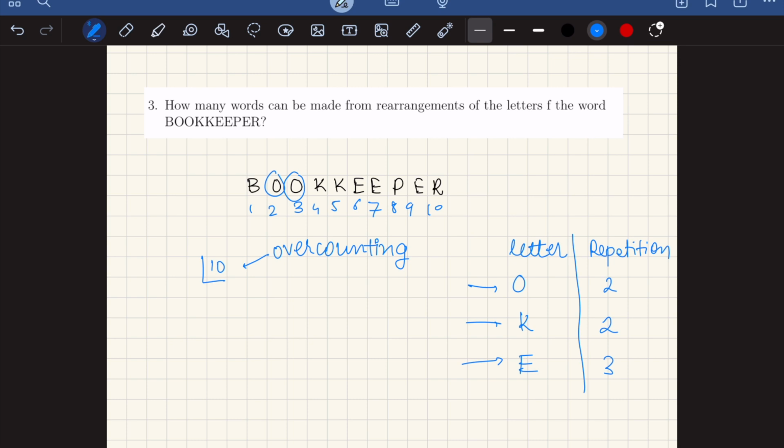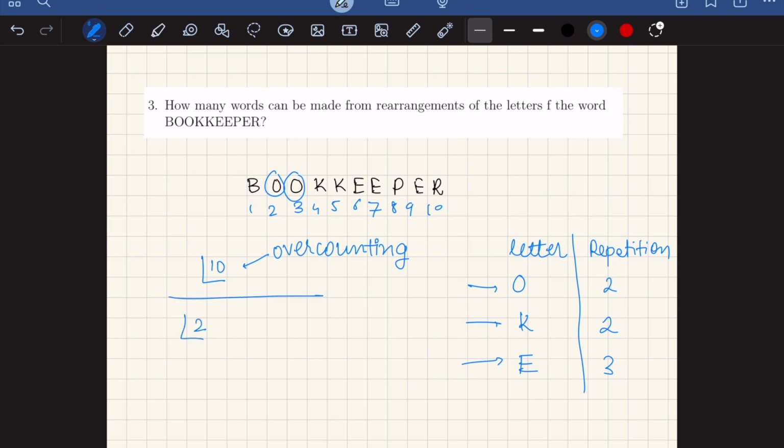One is where you write O1 first and then O2, and the other is swapped. So every word is being counted twice for O, so we are going to divide this by 2 factorial.